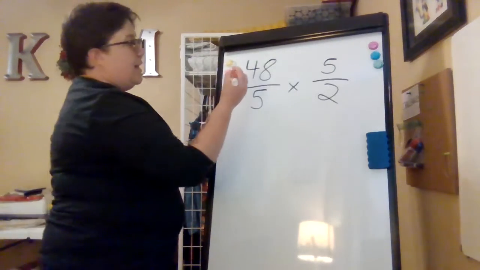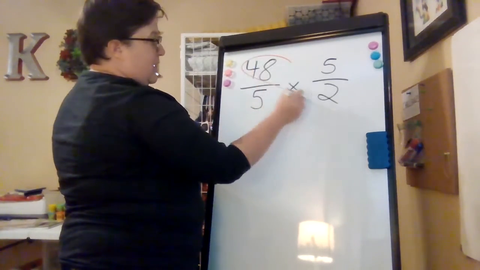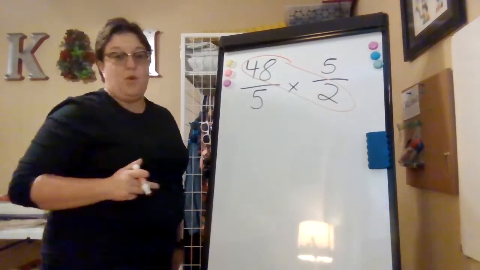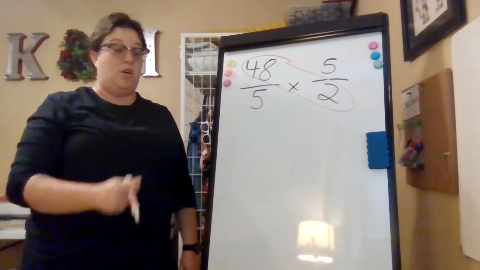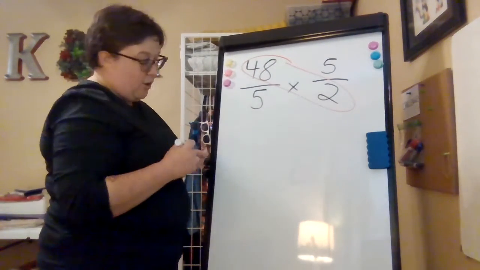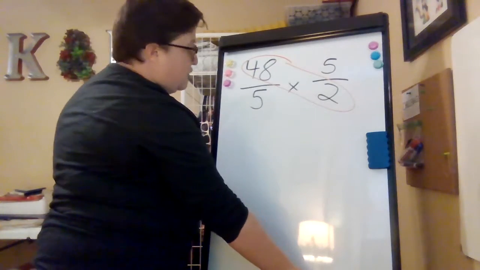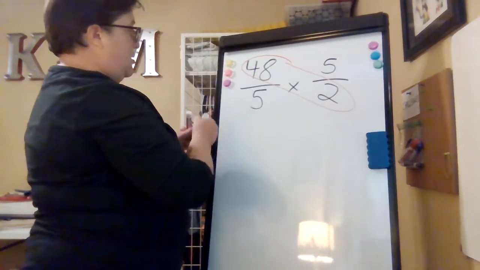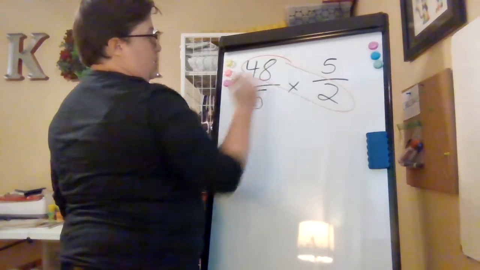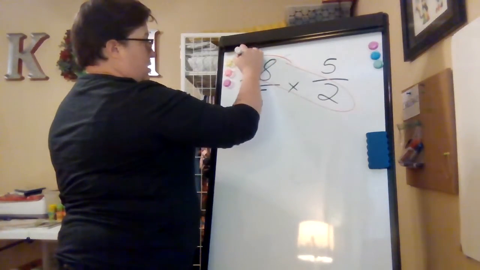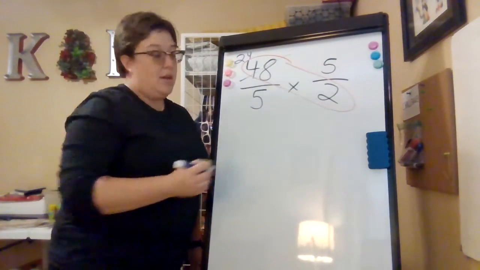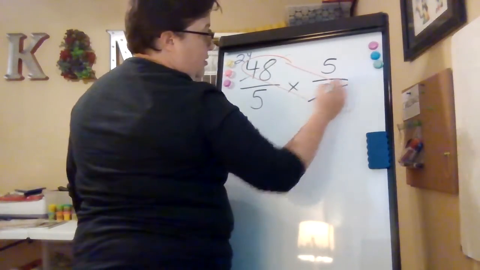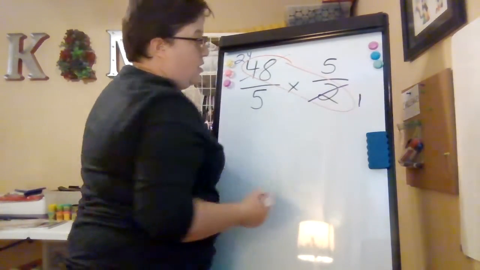We've got 48 and 2. Because 48 is even, I know that 2 can go into it. So I divide 48 by 2, and that gives me a new numerator of 24. I do the same to 2. 2 divided by 2 is 1.